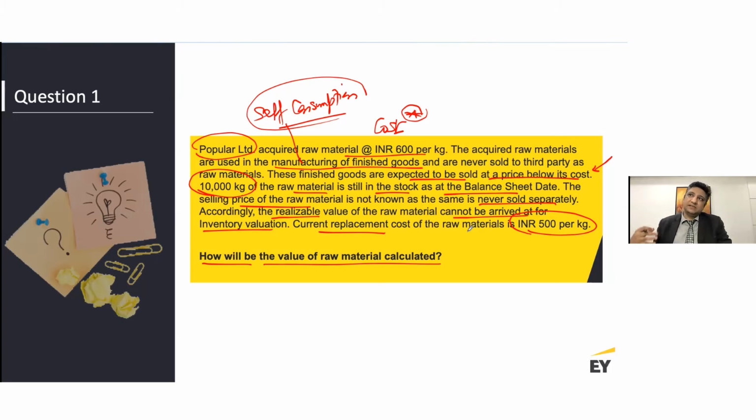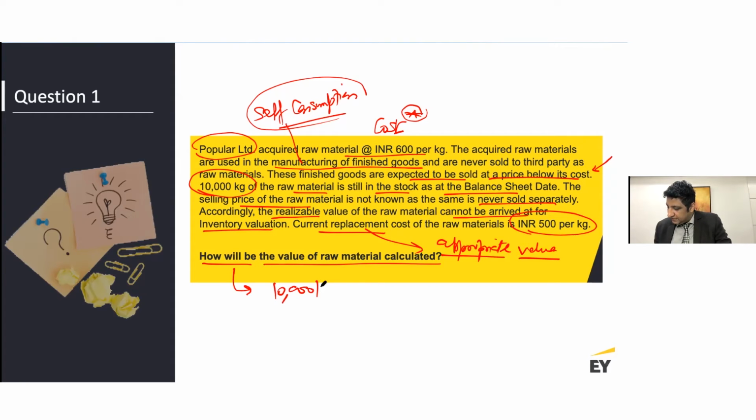And since the net realizable value is generally not available in this scenario for the raw materials, I think the most appropriate measurement for the net realizable value of the raw material could be taken from the replacement cost itself.